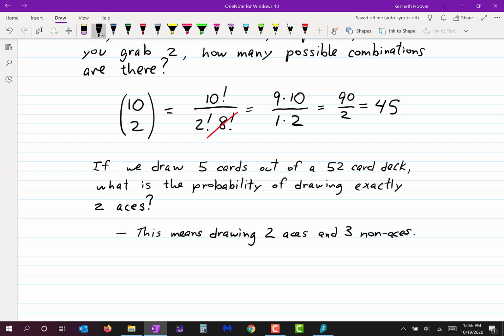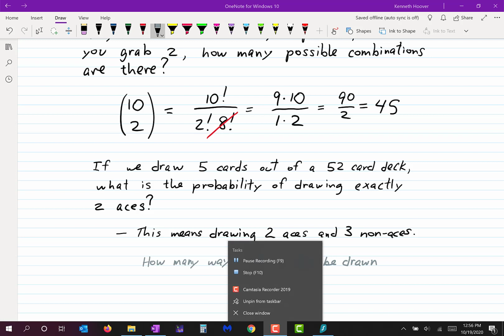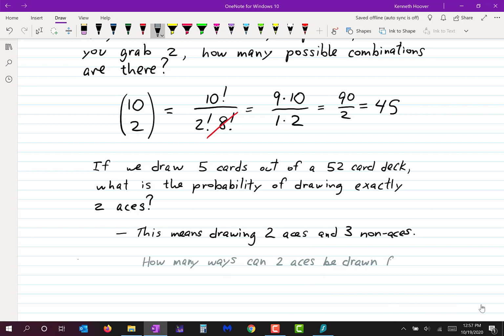So in this case, we have to ask ourselves a couple of things. How many ways can 2 aces be drawn from the 4 aces in the deck?